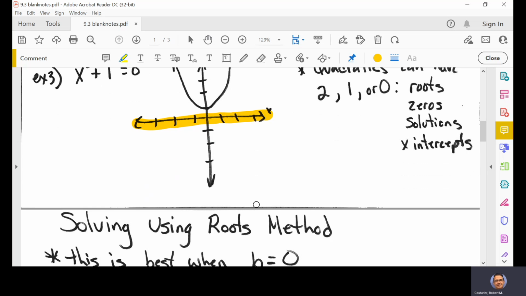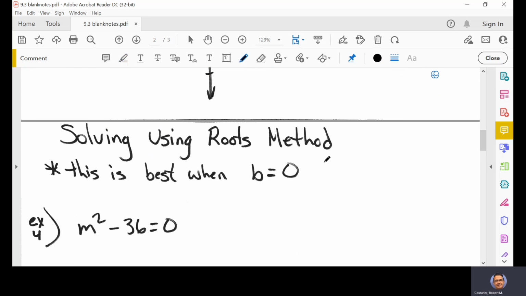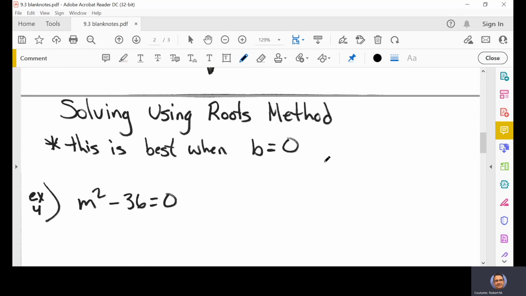Now, getting into the computational part of this, we need to solve. Our goal is to solve for m. This method is best when you notice that b is 0. When there is no middle term, no power of 1 on the variable, the middle term is gone, b is 0.